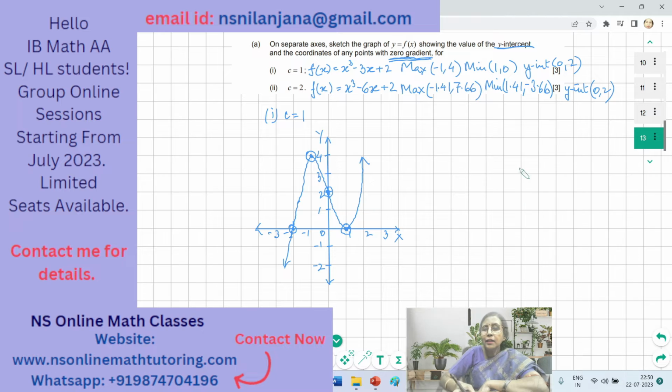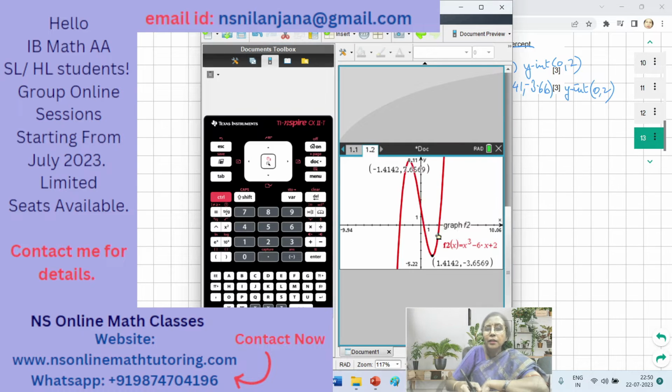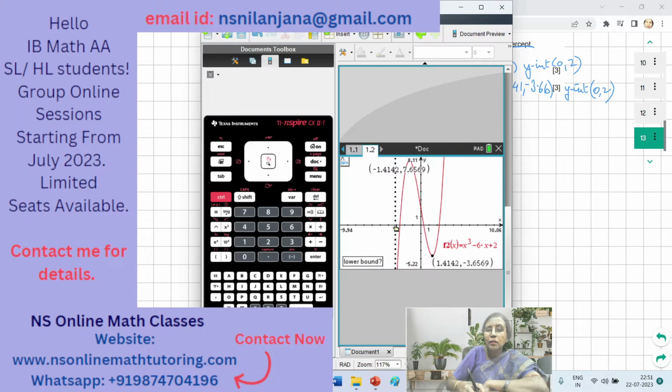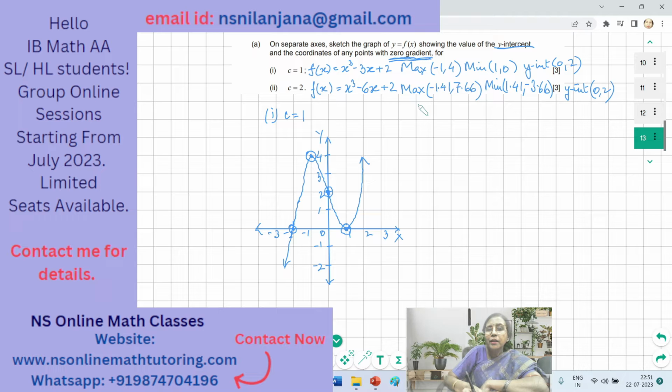Let us now sketch the graph of C equal to 2. We need the zeros of this point as well. The zeros, there are 3 of them. This one, -2.6. Let me write the zeros. -2.6.